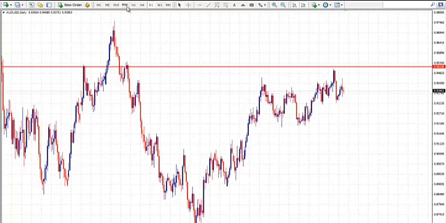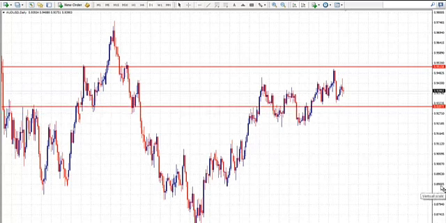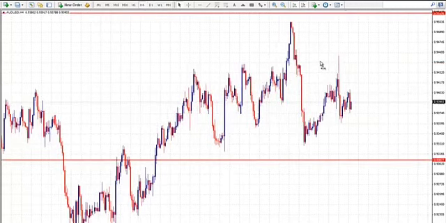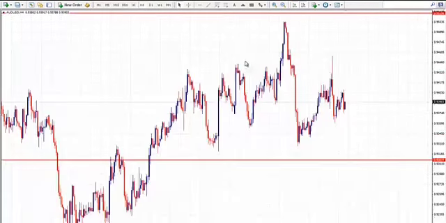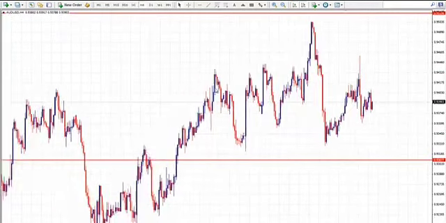Okay, so we have one level here, and we have another level here. So these are the overall levels that you need to focus on, and then we're going to go lower to the 4-hour chart. And when you go to the 4-hour chart, you can see that we are trading inside those levels that we set on the daily chart.